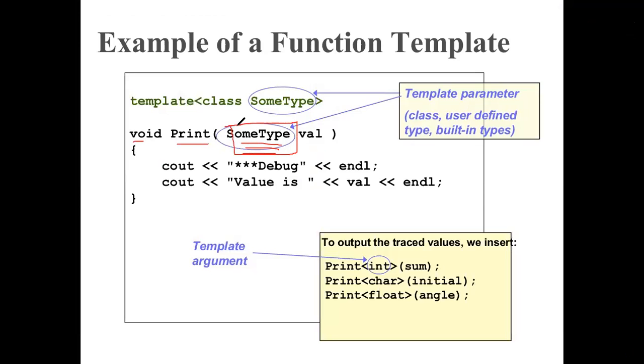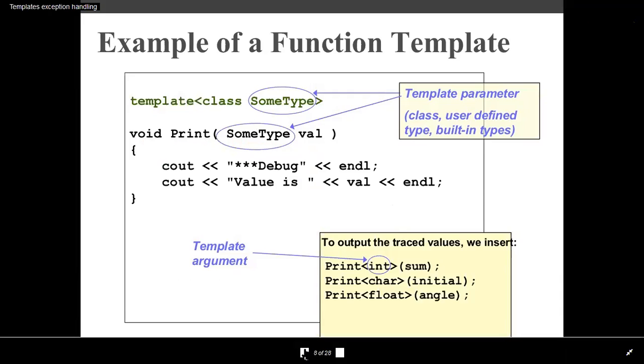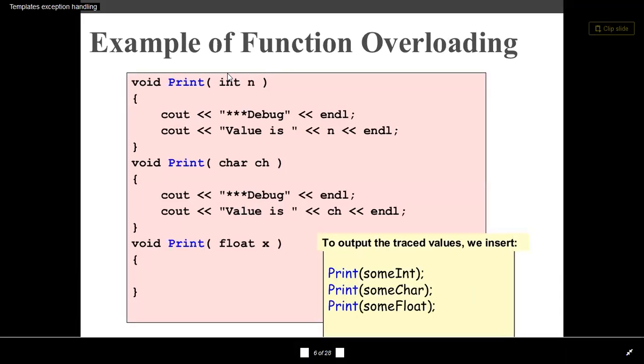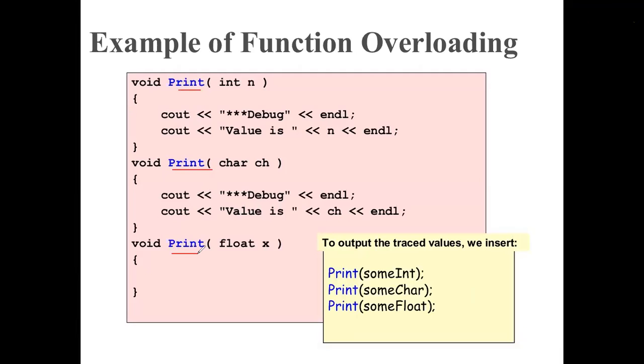This is like a variable, and then we write val. For a quick recap of the previous example, the name of the function is the same, print function, print function, print function, but one takes integer n, another character ch, another float x. So we have three different functions, each with a different data type.